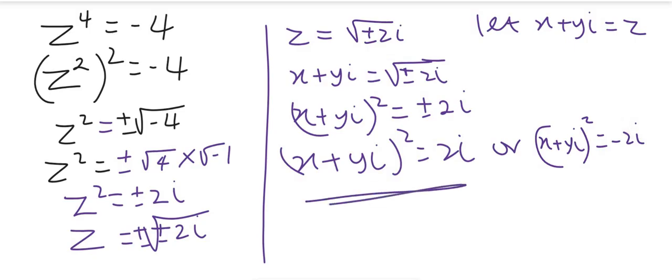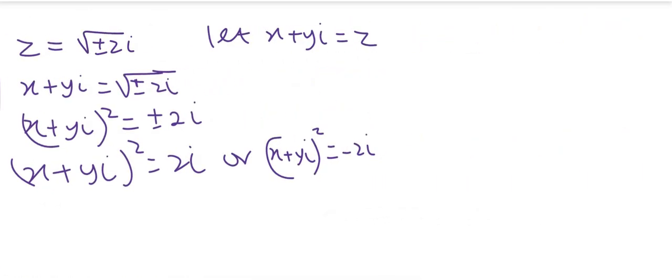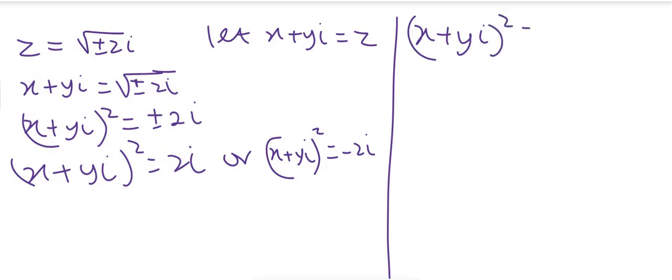This one I'm going to get two answers, and this one I will also get two answers. So the next thing is to move on with both of them, taking them one by one. I'll pick the first one. I have x plus yi squared is equal to 2i, and this is x squared.